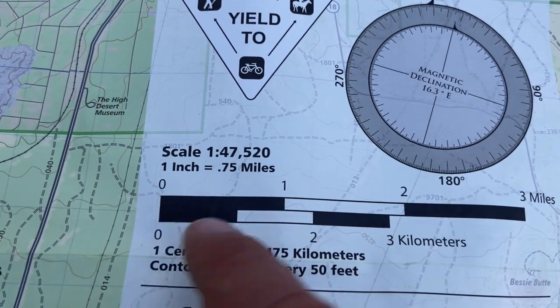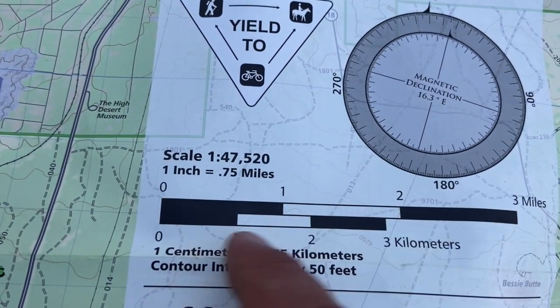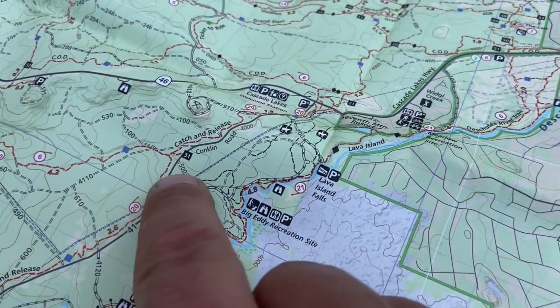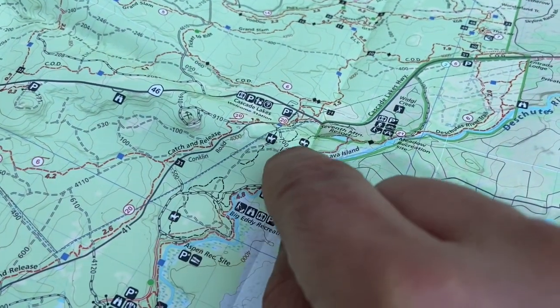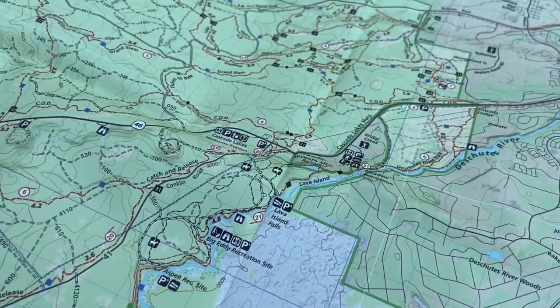You can also go ahead and section off maybe with a pen or a Sharpie each one of those mile markers, and then if you were trying to figure out the distance between, say, one trailhead and another trailhead, you could just lay that down on the trail and know, okay, well, that's 3 miles, and then you can measure it from there.